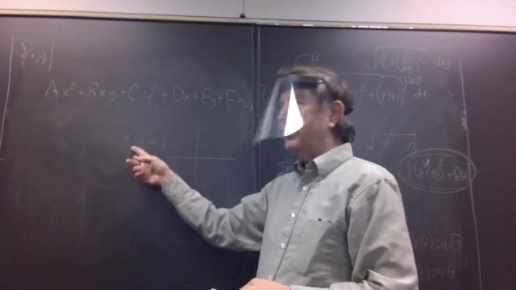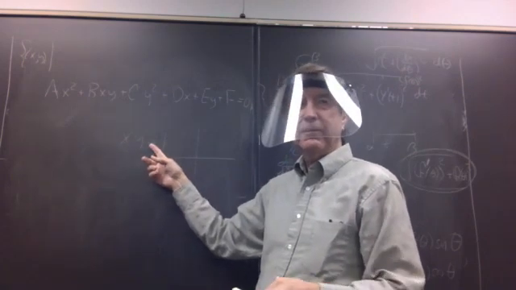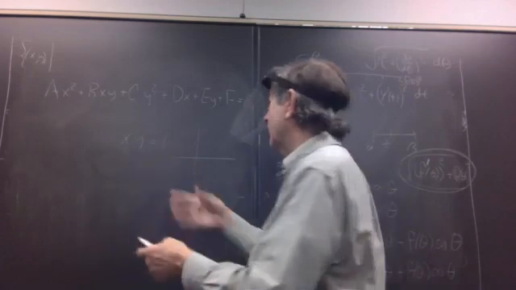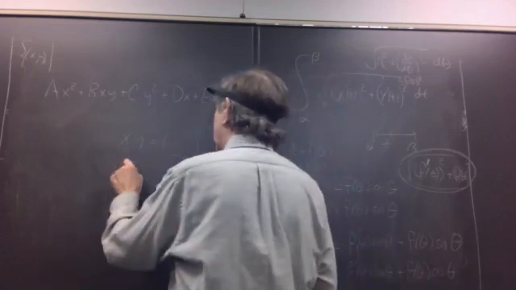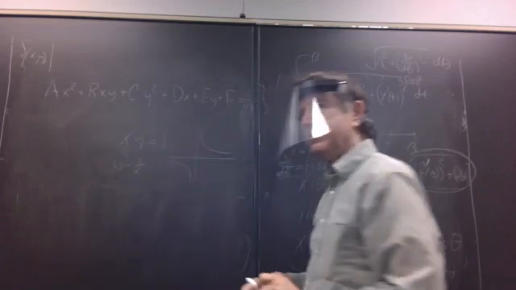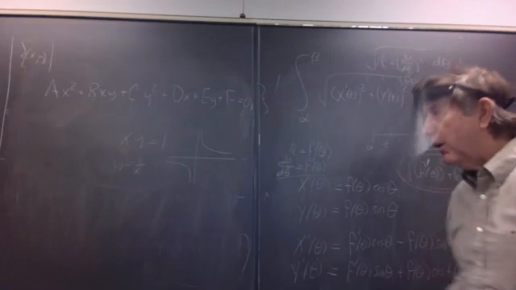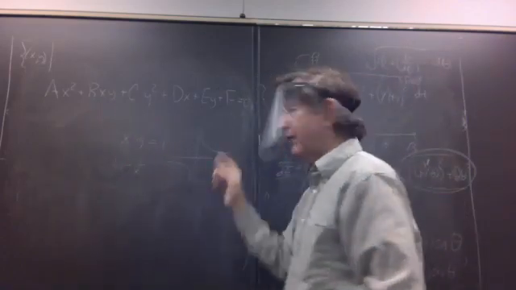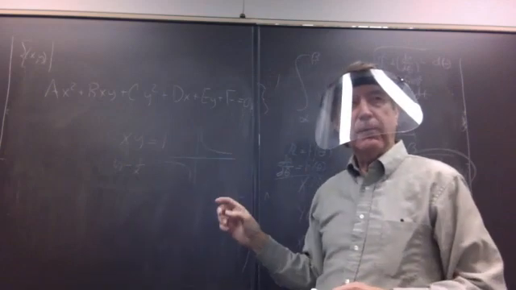If X is 0, I get 0 equals 1, which is not good. So X can't be 0. If X is not 0, I can divide by it. I get Y as 1 over X, and you all know you get this picture. So if B is not 0 here, I get this kind of a shape if it's all simple.